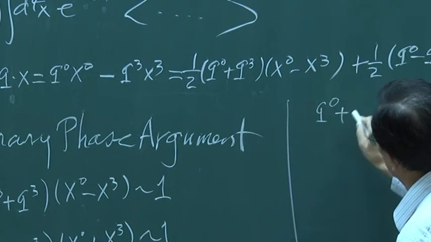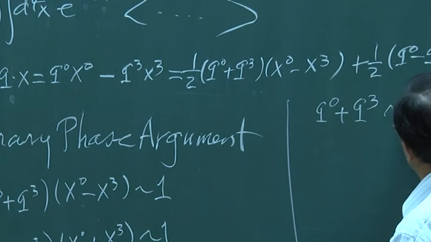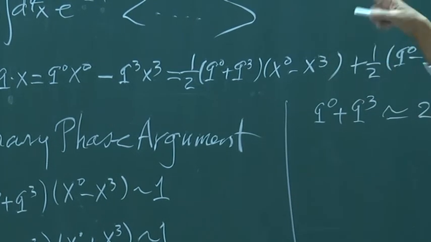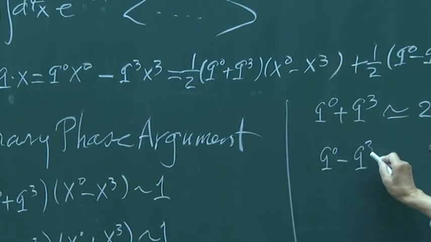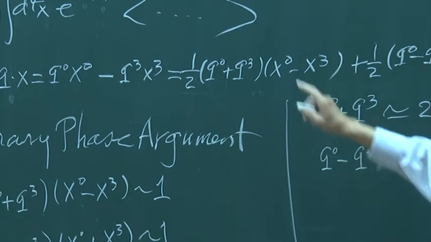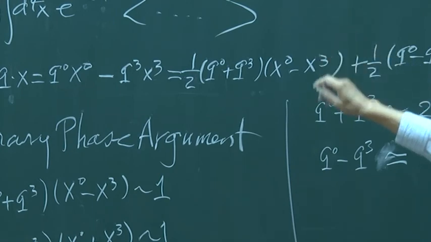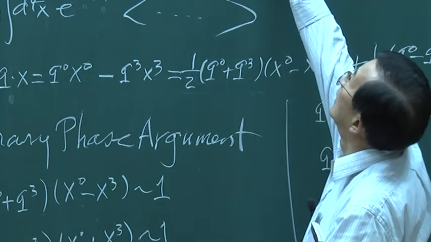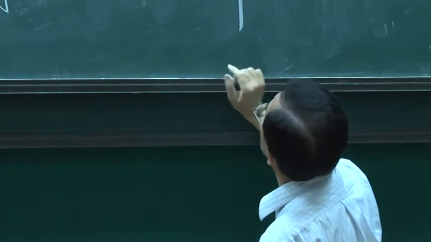So what is Q0 plus Q3? Well, Q0 plus Q3, from what we have there, is order 2 nu, right? Your Q3 equals nu plus some small correction. How about Q0 minus Q3? Then the nu will cancel, okay? So this is equal to this, but Q0 equals nu.